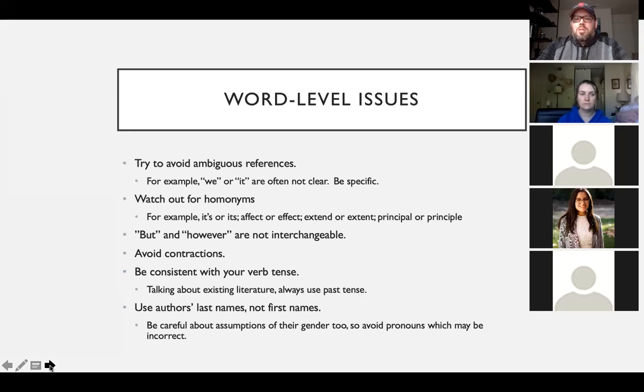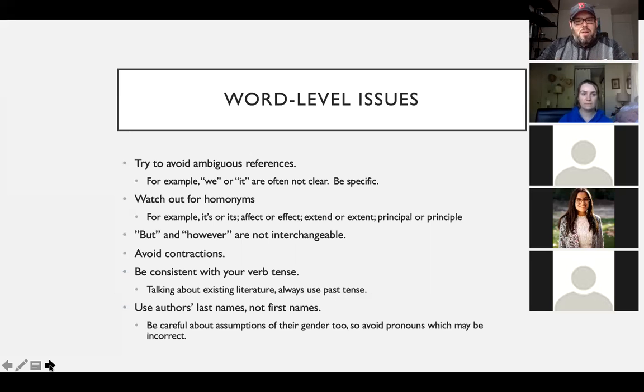Additionally, you might also want to watch out for homonyms, right? So the different examples here: it's, with an apostrophe s, or its, right? One is possessive and one is not. Is it affect or effect? Being clear based upon what you're writing in that sentence of which is which. Is it extend or extent?